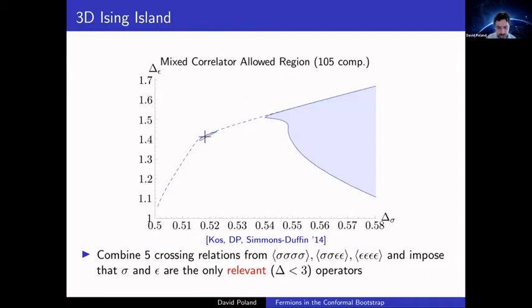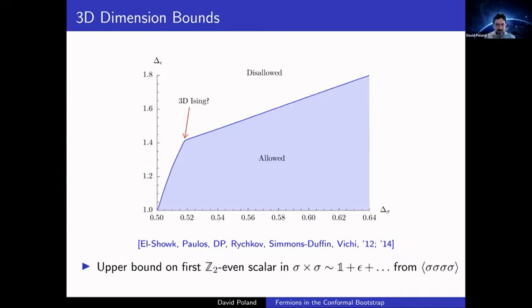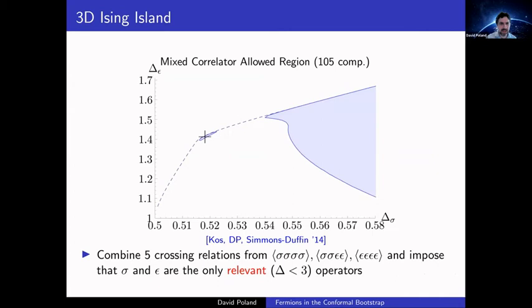Okay, so then we get this bound with a kink in it. We ask, can you do better? And it turns out that you can do even better by thinking about 4-point functions involving multiple operators, like both sigma and epsilon. And so if you think about all the crossing relations that you get from 4-point functions containing both sigma and epsilon, then you get a system of 5 crossing relations that you can write down.